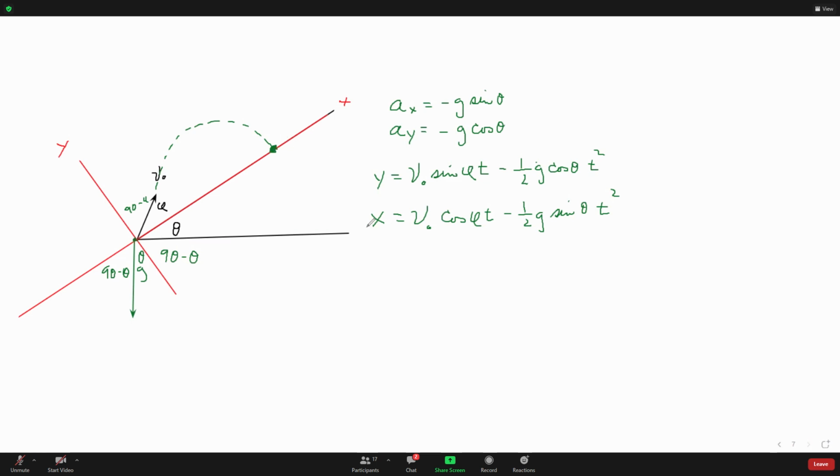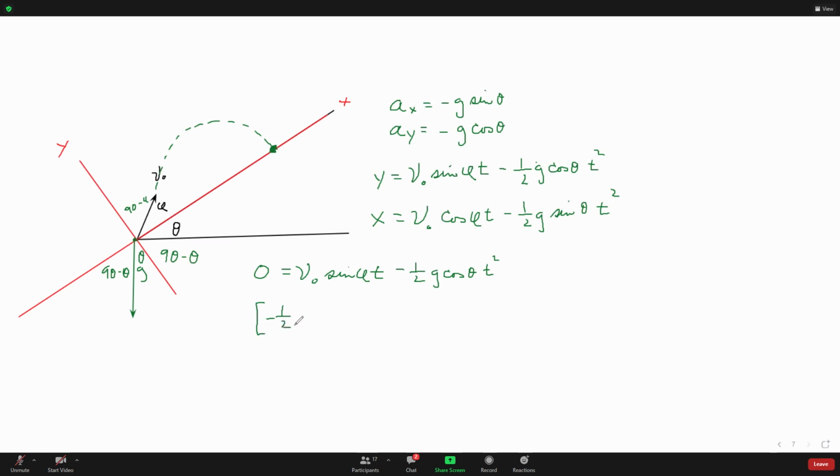So the point I want is given by the time, which is a solution of the equation, 0 equals v0 sine phi t minus 1/2 g cosine theta t squared. So I solved this the same way I did before.